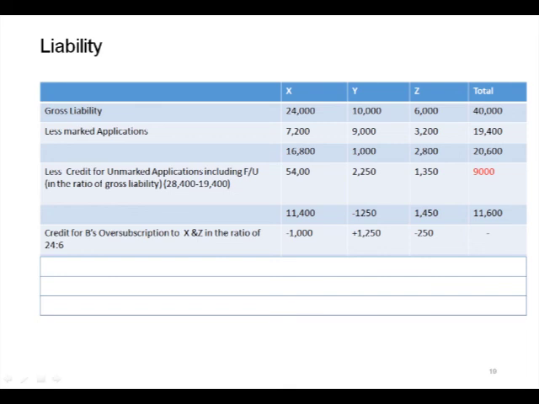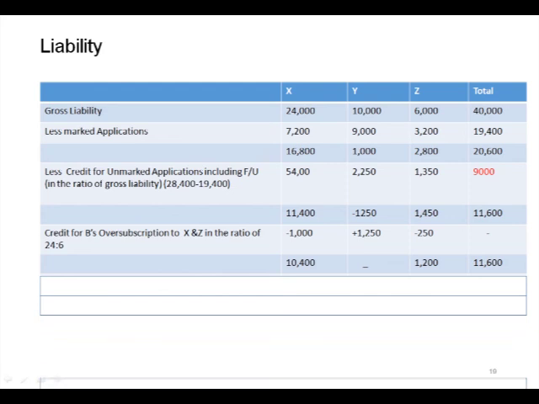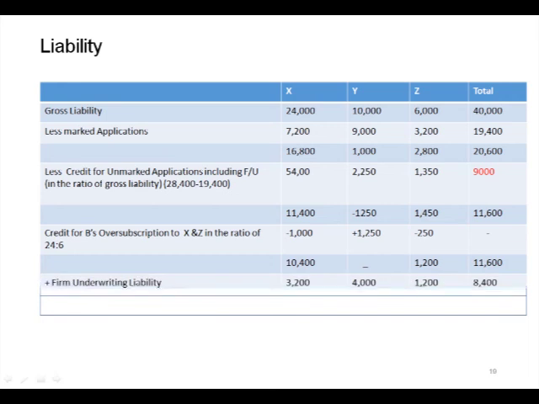So this is minus 1,000 in case of X and minus 250, and in case of Y it will be plus 1,250, and the remaining is in case of X 10,400, in case of Y this is nil now, and in case of Z this is 1200 and total is 11,600.